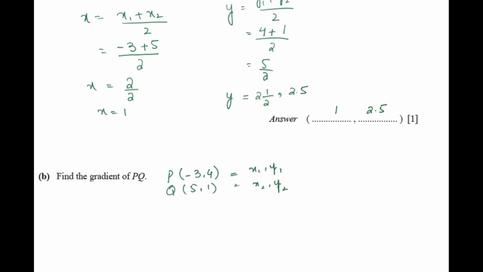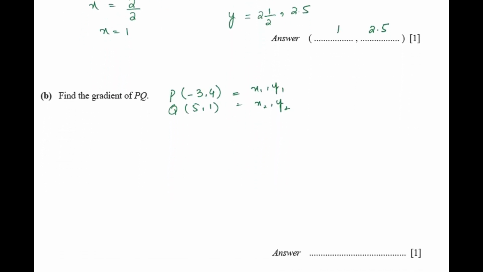We know that the formula of gradient is m is equal to y2 minus y1 divided by x2 minus x1.